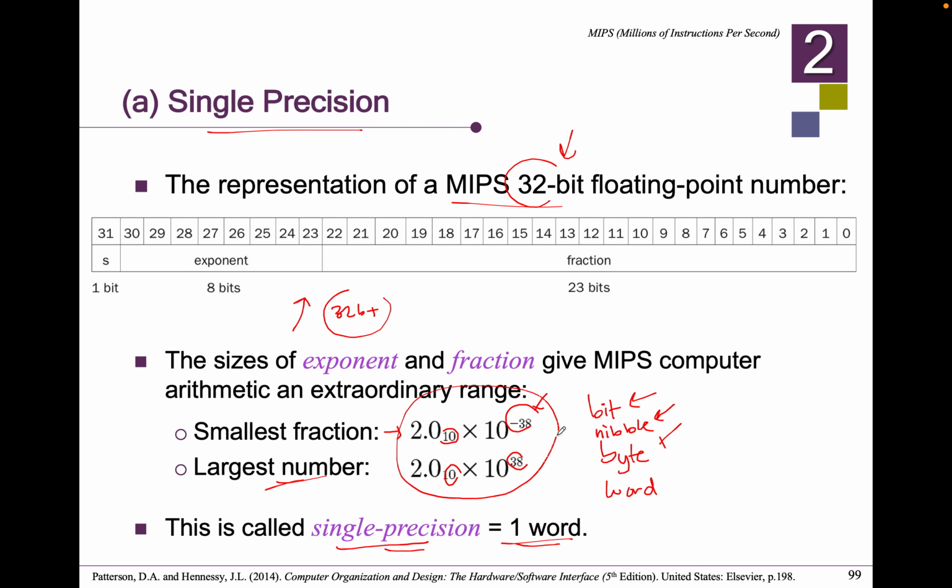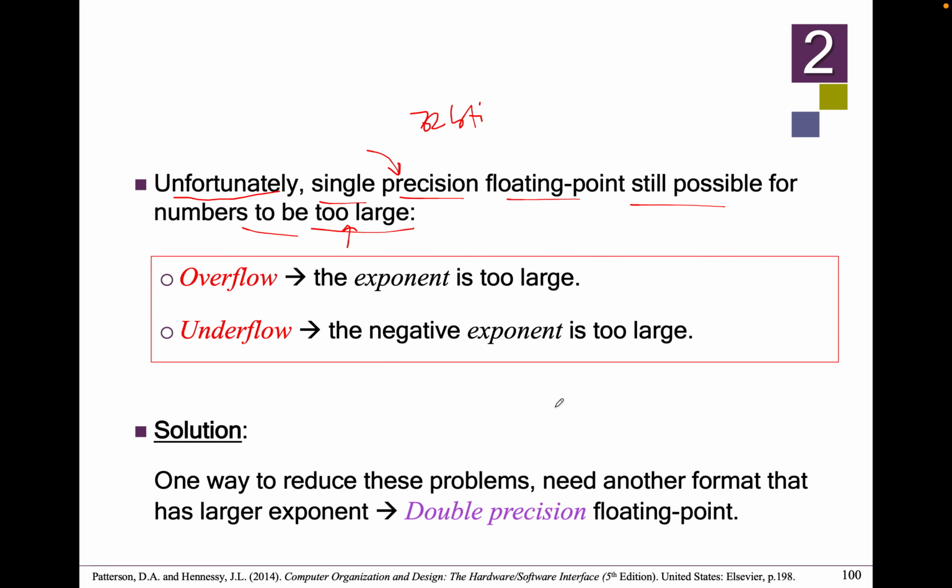It is out of this range. That's why you can have an overflow or underflow. For overflow, the scenario is that the exponent is too large, and for underflow, the negative exponent is too large.